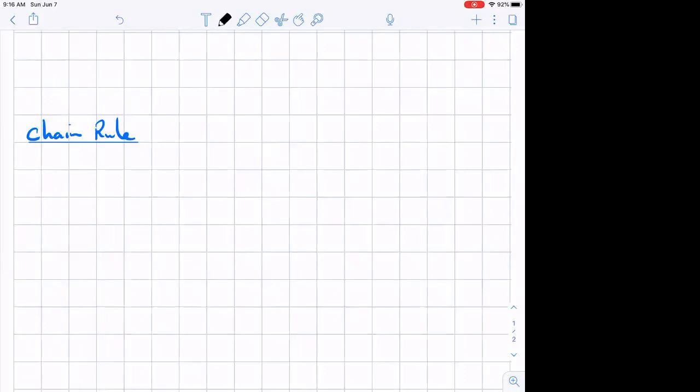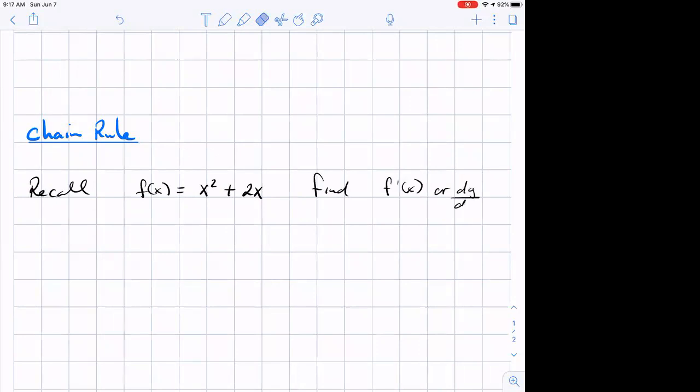So, for example, if you recall, if I give you f of x is equal to x squared plus 2x, and I ask you to find f prime of x, also known as dy/dx, which has the same meaning.